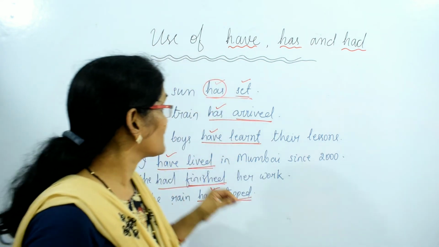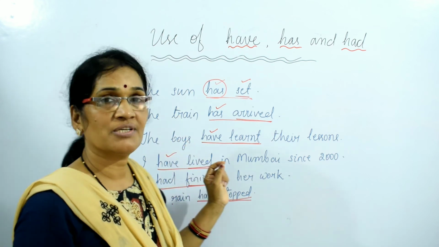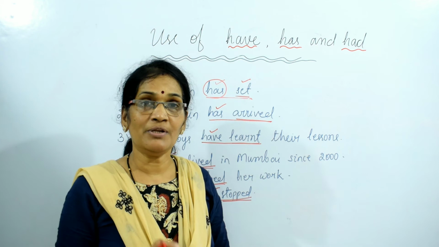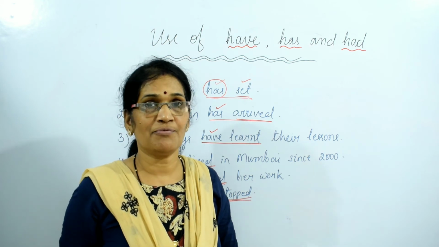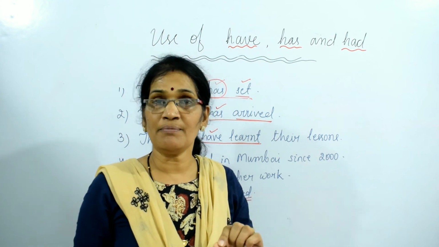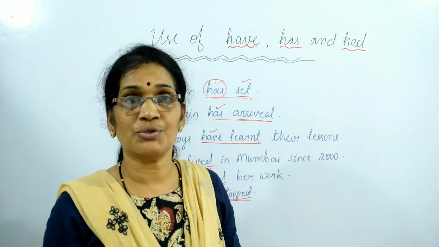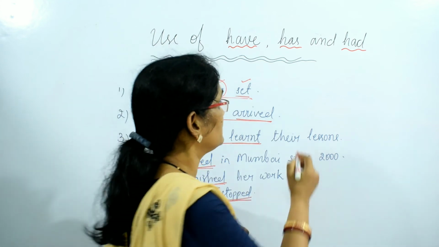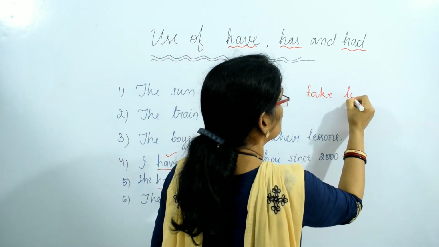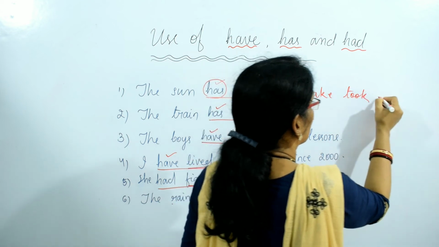I mean, have, has, had take the past participle verb. We know that a verb has three forms: present form of a verb, past form of a verb and also past participle. For example, take, took, taken.